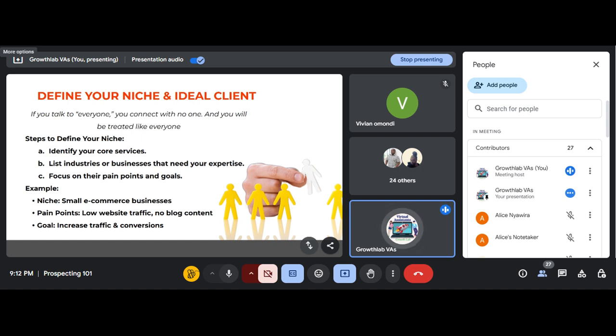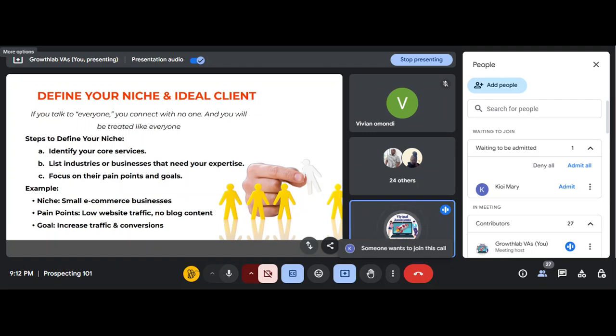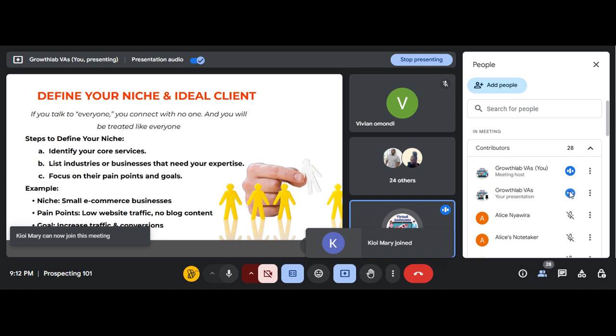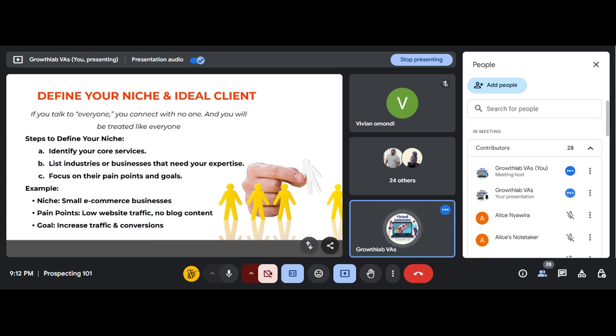Now, after you've identified the service you want to offer, you niche down. I remember saying you can niche down on three angles or approaches. The first way you can niche down is on a service.